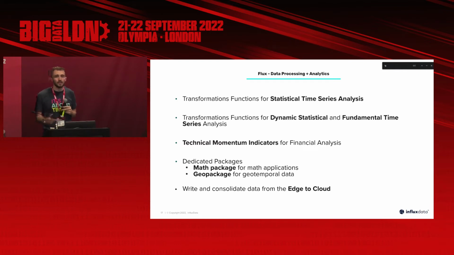These are all ready-to-use functions within Flux. We have transformation functions for dynamic, statistical, and fundamental time series analysis. So we can do analysis on the derivative, moving average, double moving average, exponential moving average, time weighted average, and of course we can do double and triple exponential smoothing all directly on the database side.